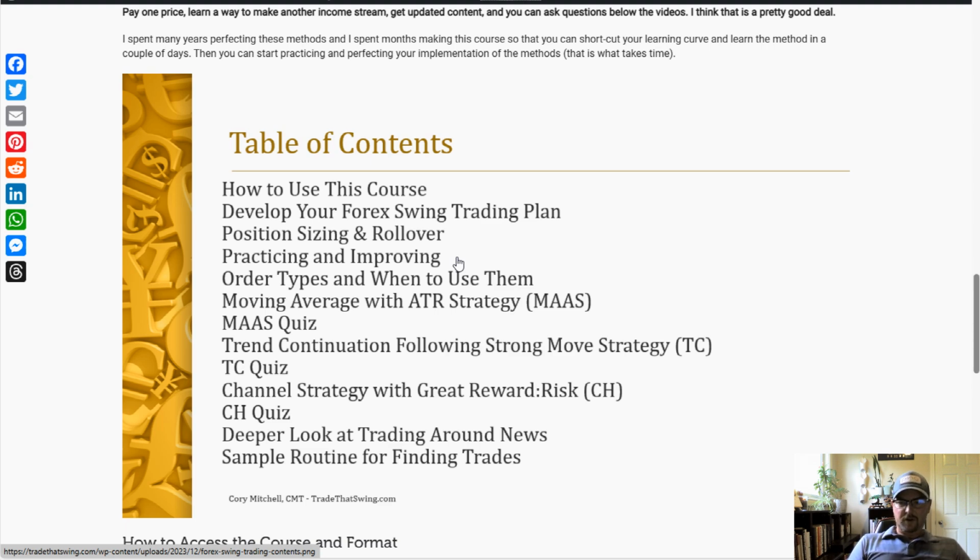following strong move strategy. In this situation, we're waiting for strong price moves, and then we are trading the next move following. Each one of these has little quizzes to help you understand the strategy better, to look at maybe when you wouldn't implement the strategy, when you would, because that's important.